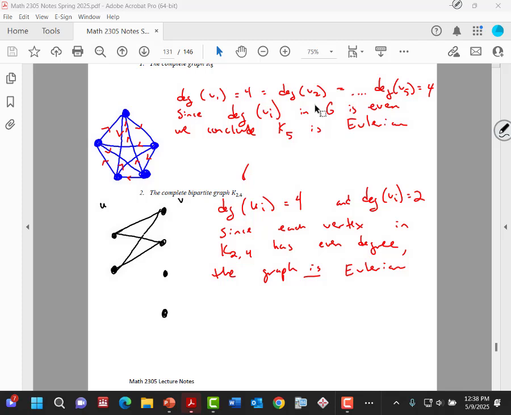I just can't reuse the same edge. We'll come here to V3. We'll go to U2. We'll come to V4. And then I'll go all the way back. As you can see, we used each edge once and only once. So this graph is Eulerian.